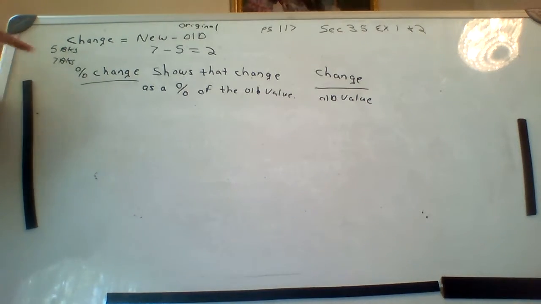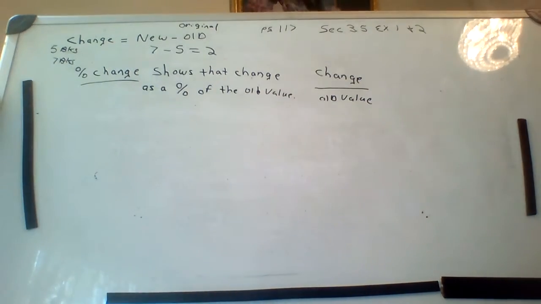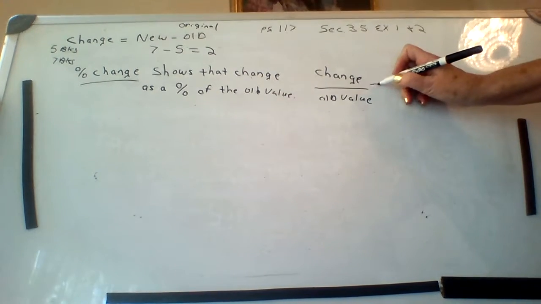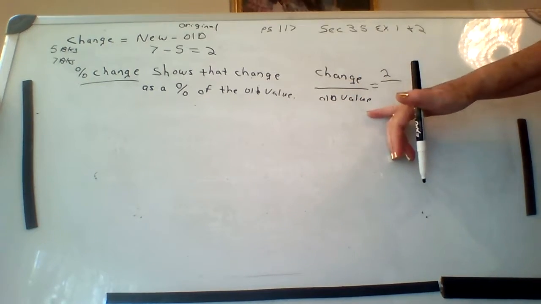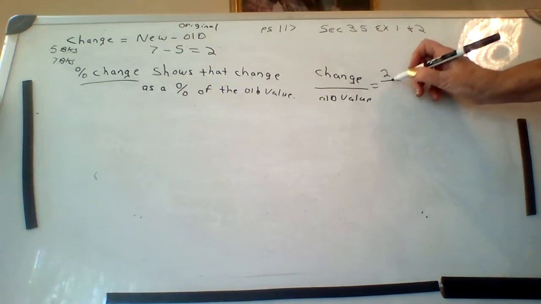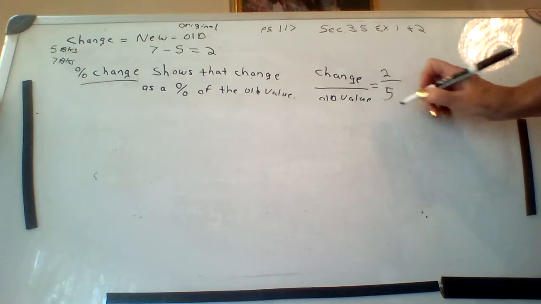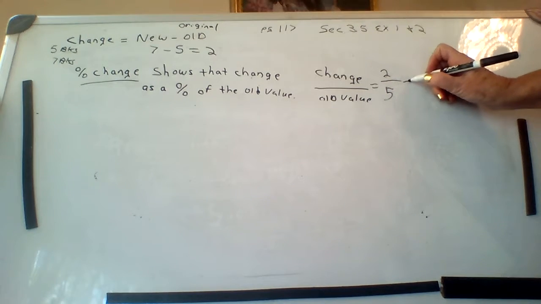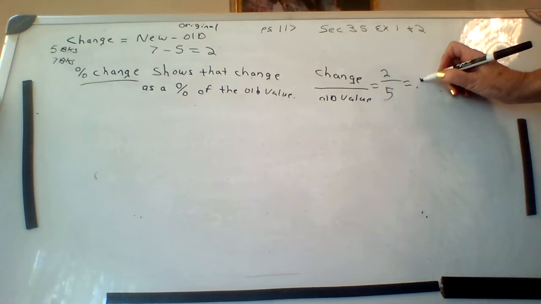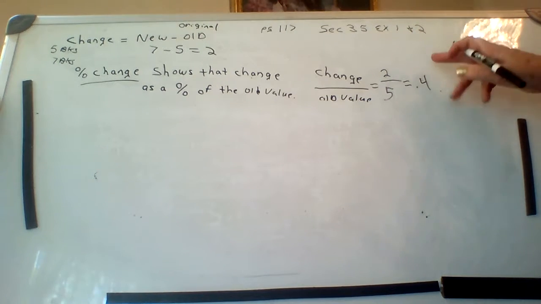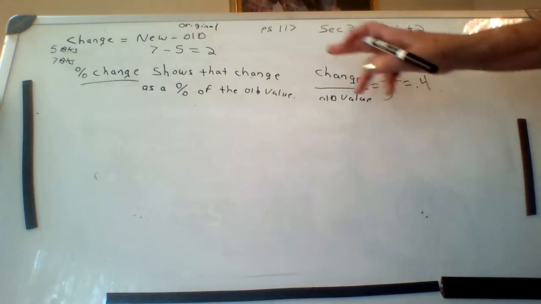So if I was to do this change right here and do it as a change percent, it changed by 2, and the original value or the old value was 5 because we started out with 5 books, right? And you go ahead and divide this, and you're going to get 0.4. And now you remember we want the change percent.